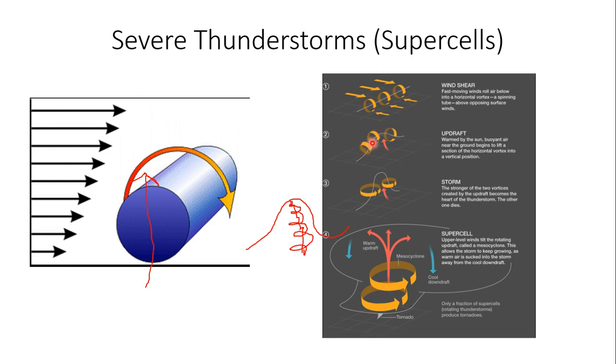You get a horizontally rotating column of air induced by this directional vertical wind shear, and then eventually an updraft is going to lift that horizontally rotating column of air, and you get the rotation and a mesocyclone, a rotating updraft, and this will potentially reach the ground in the formation of a tornado.